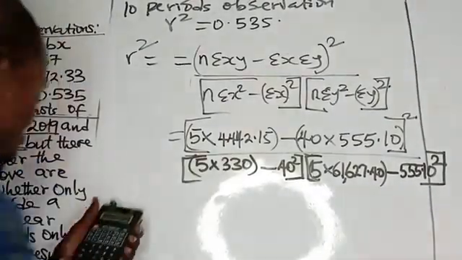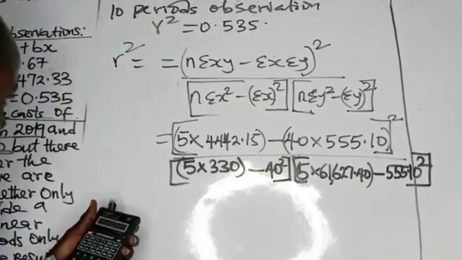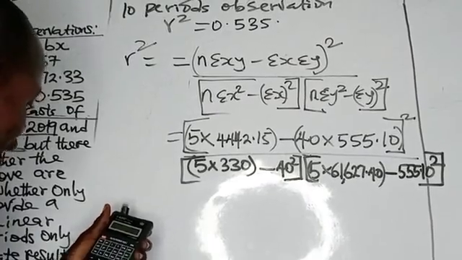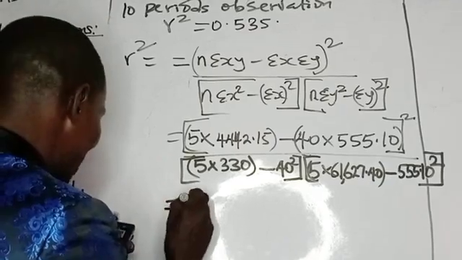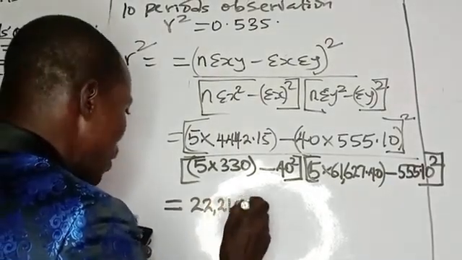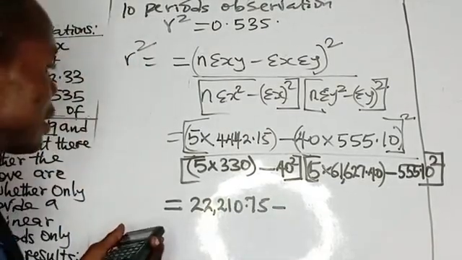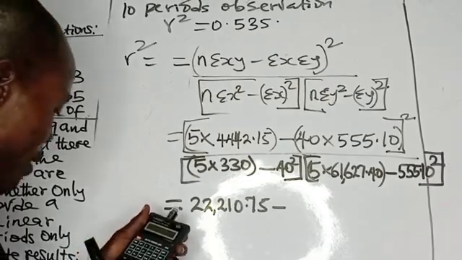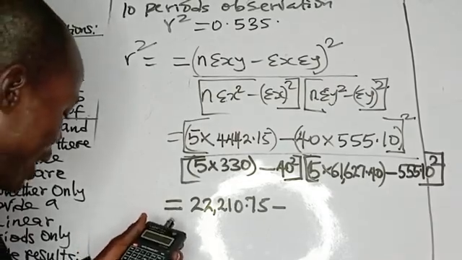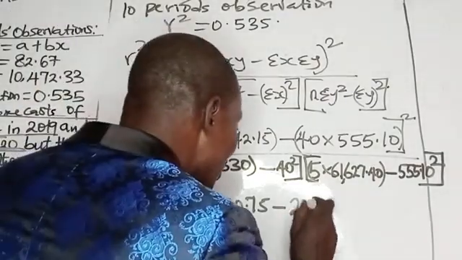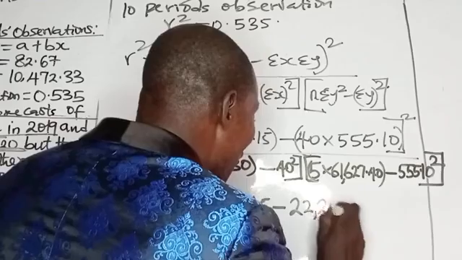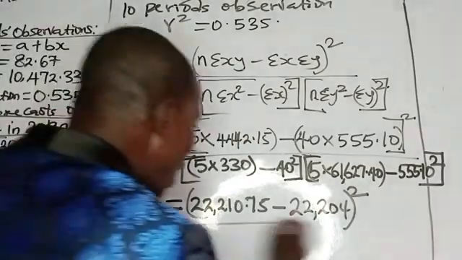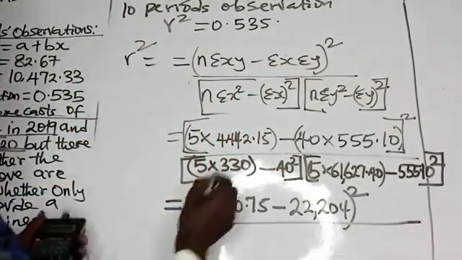So 5 times 4,442.15 gives us 22,210.75, minus 40 times 555.10, that gives us 22,204, all squared, all over 5 times 330.